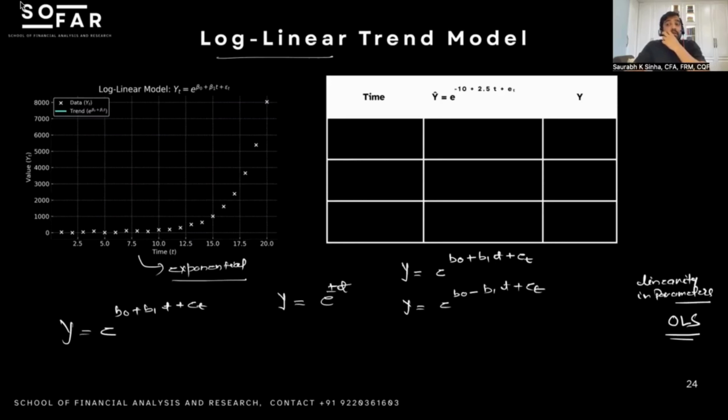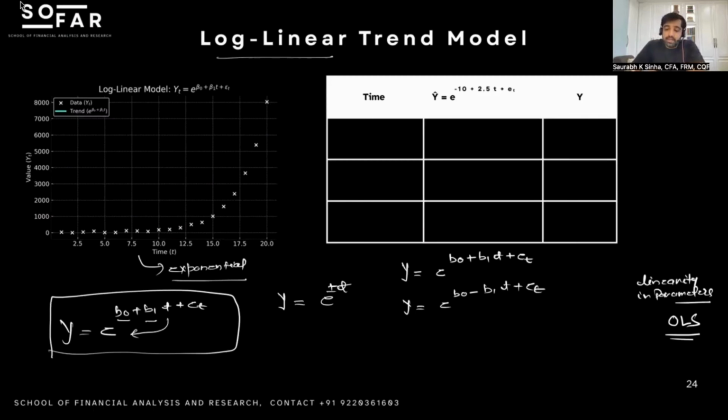Linearity in parameters. When you write in this format, your parameters do not have a linear relationship. It is on a power, e to the power something. So to make it linear and to find the equation of the line, you have to drop it. How can you drop it and make it a line?